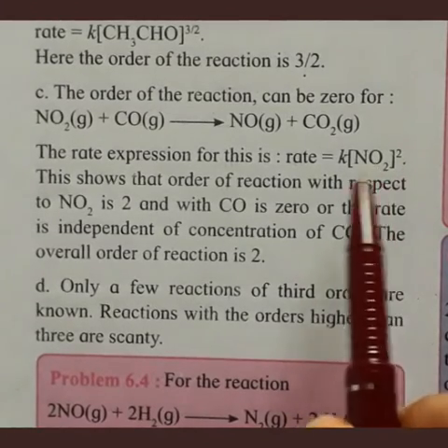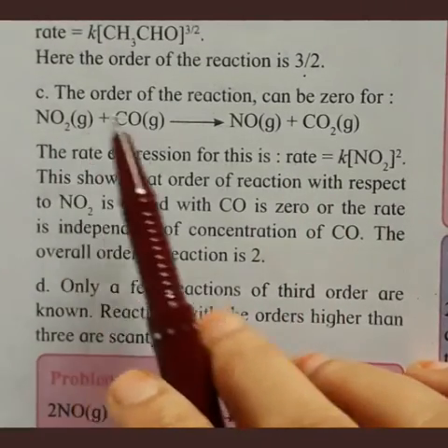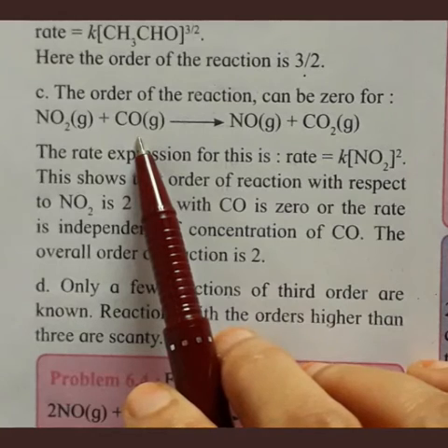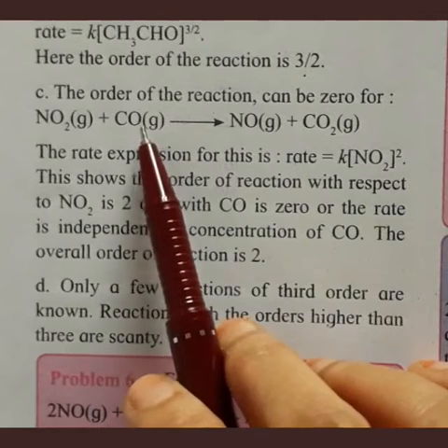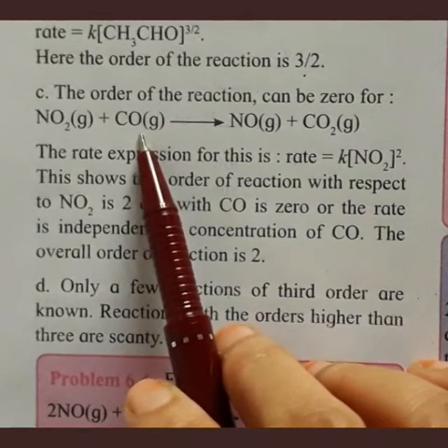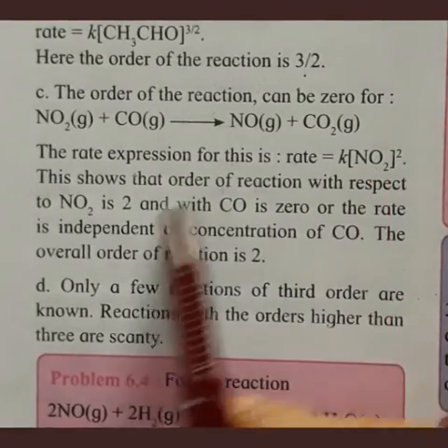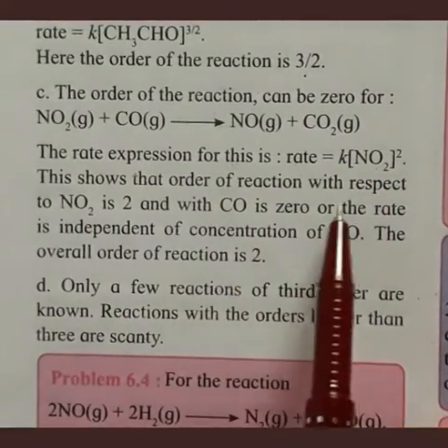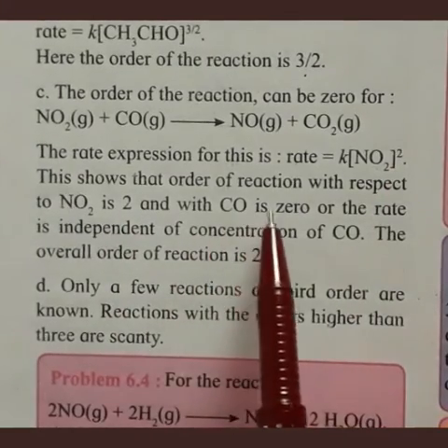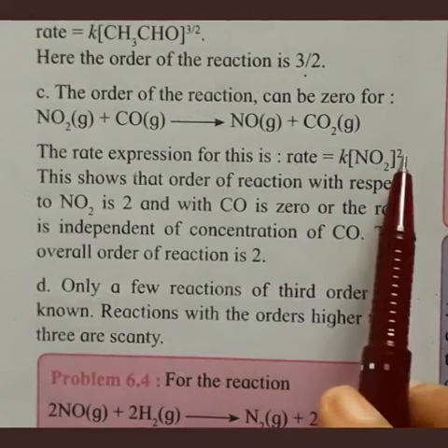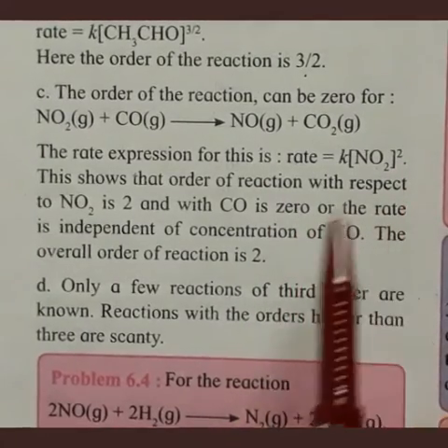It means in this reaction rate depends upon the concentration of one reactant only. It does not depend upon the concentration of the other reactant. So the power of concentration of this reactant can be 0, and that's why it is not included in this rate law. This shows that the order of reaction with respect to NO2 is 2, with CO is 0. That's why 2 plus 0 is 2, so the order of reaction is 2.